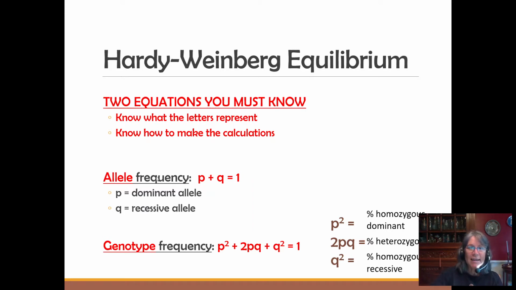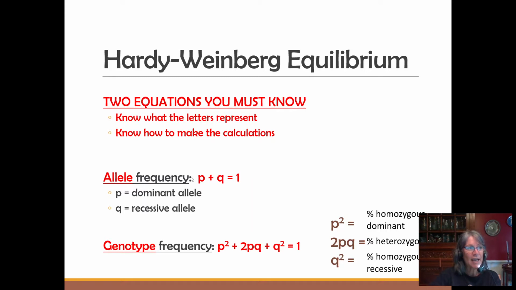Here I'm looking at allele frequency, 2 alleles per individual. Here I'm looking at my genotype frequency, and these represent individuals. So to figure out these proportions, my denominator, what I'm going to divide by, is the total number of individuals in a population that are homozygote dominant, heterozygote, or homozygote recessive.